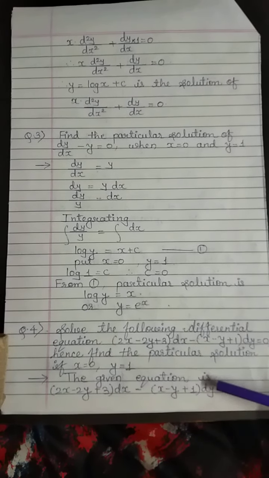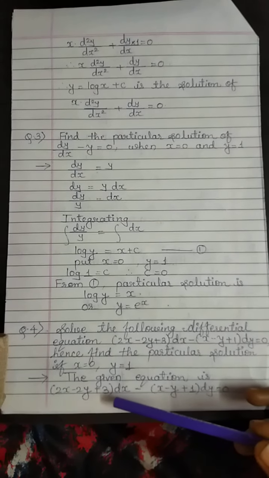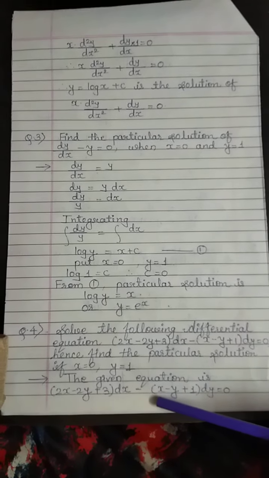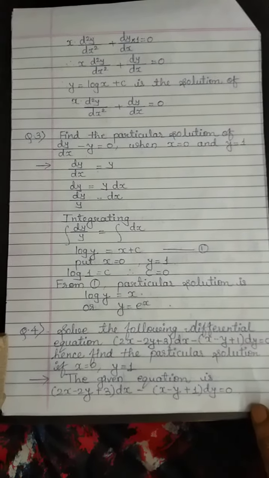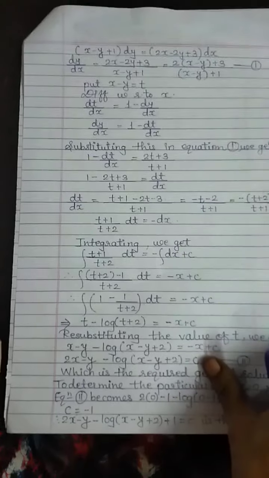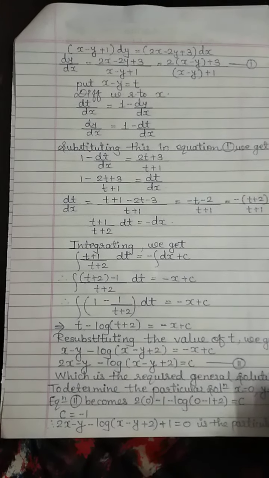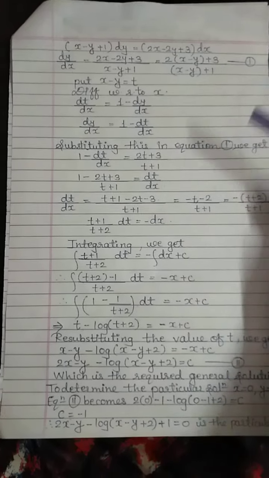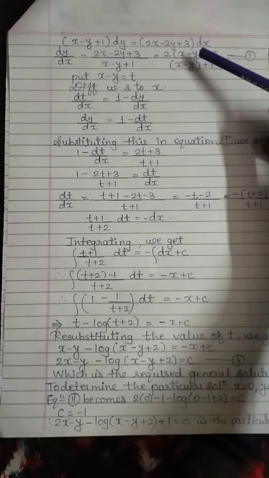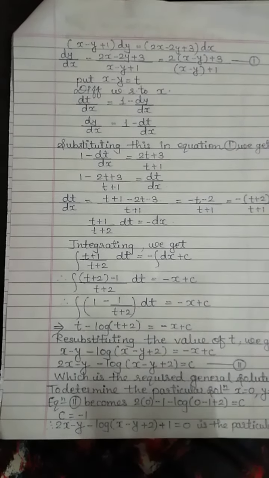Given equation is (2x minus 2y plus 3) dx minus (x minus y plus 1) dy is equal to 0. Now we will write both the terms to both the sides. So (x minus y plus 1) dy is equal to (2x minus 2y plus 3) dx.